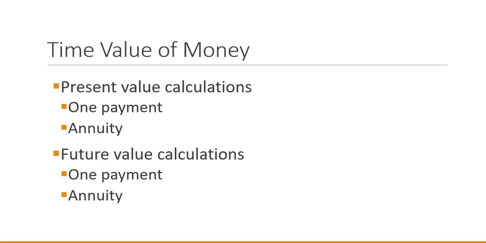The time value of money is another important concept relating to financial management, and you need to know how to take a dollar amount that is a future amount receivable or due and work backwards to the current day present value, either based on one payment or annual payments, which are referred to as annuity payments, as well as being able to take an amount today and forecast the future value of that amount in the future, either one payment or, again, annual payments, which are known as annuity payments.